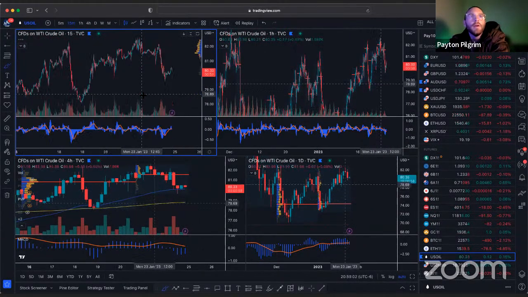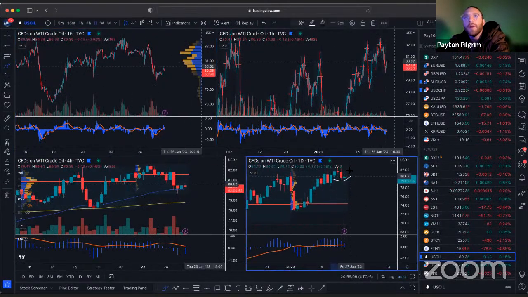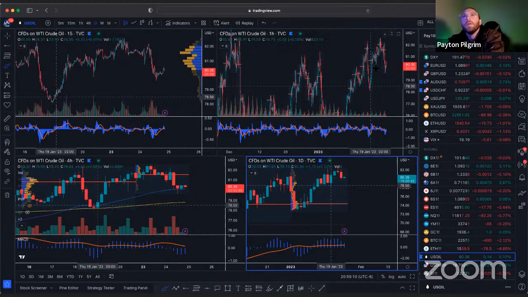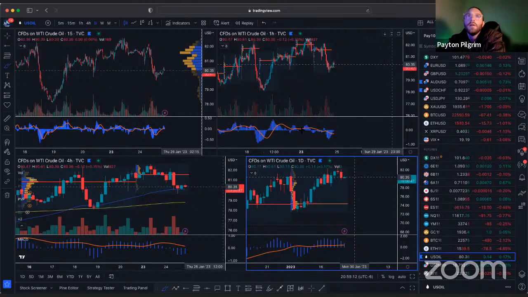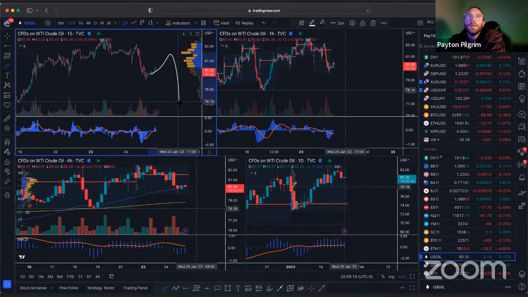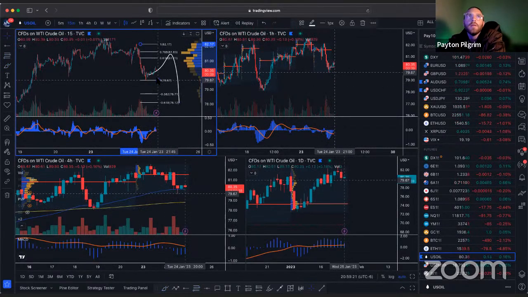Oil, kind of ugly. It did put in a nice bearish pattern though. So you might want to anticipate oil doing a little thing like this based off the daily's candlesticks. I'll put an alert.